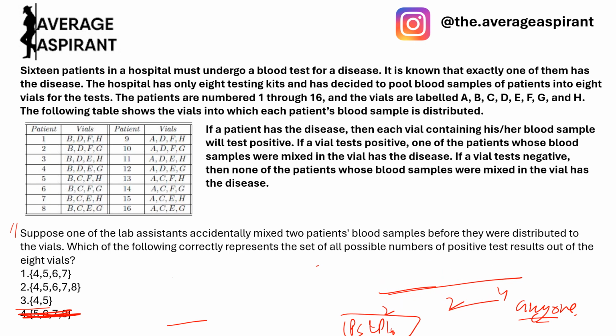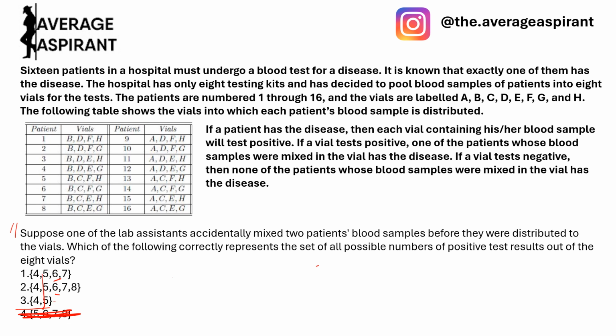Now we saw that 4 is a possibility. So if we check directly for 6, we can rule out an option if it is missing. We are not checking for 5 because it is common. So we will check for 6. Now we'll again assume that P1 is the person having the disease.